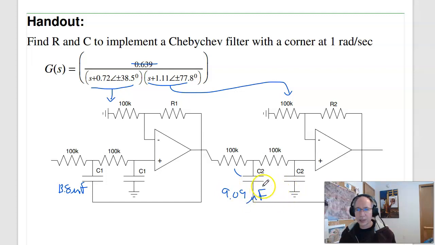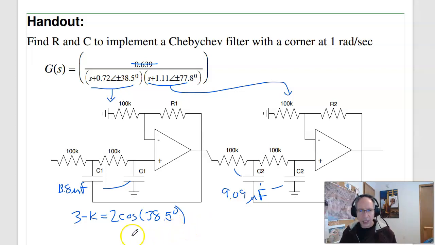Likewise over here, that's for both of them. To find R1, that's the angle. 3 minus K is 2 times the cosine of the angle, 38.5 degrees. Solving for K, 2 times cosine 38.5 equals 3 minus K, so K is 1.435.